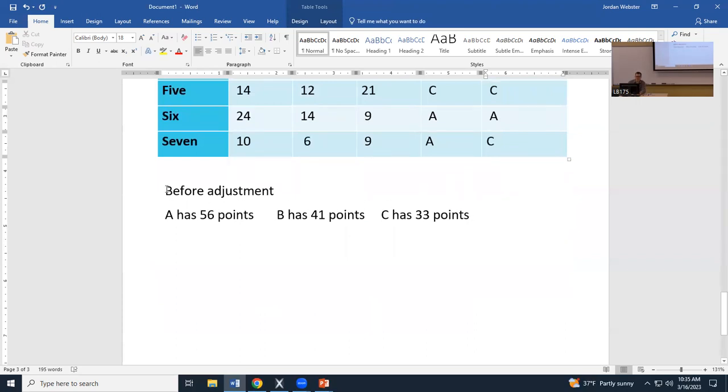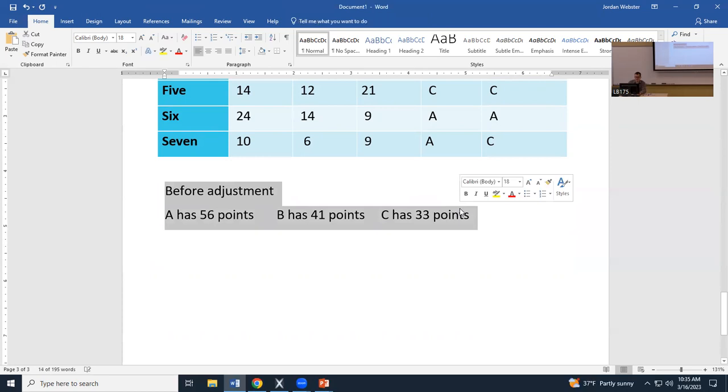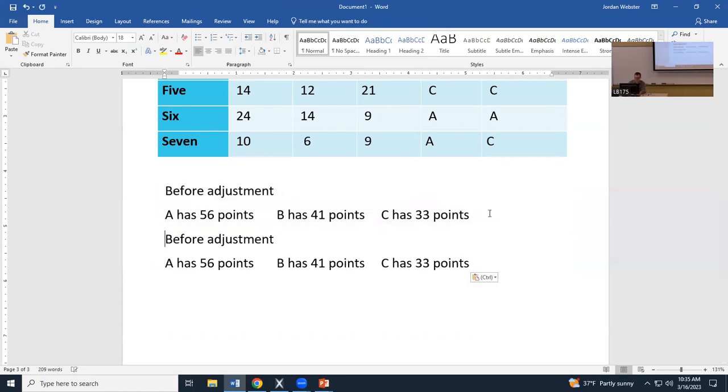If we do that and keep everything else the same, after the adjustment, A will decrease by 10, so it'll have 46 points. B will stay the same because nothing was taken away or added for B. And then C will get an additional 9. 33 plus 9 is 42.